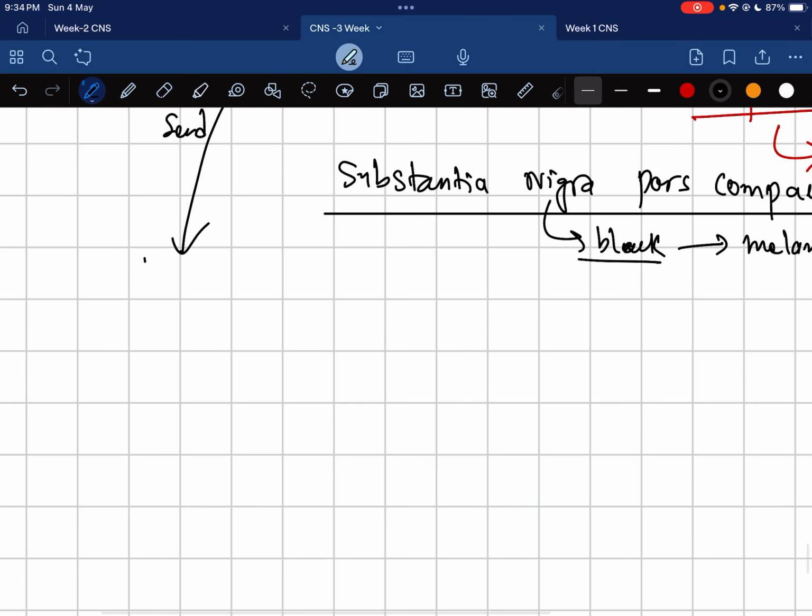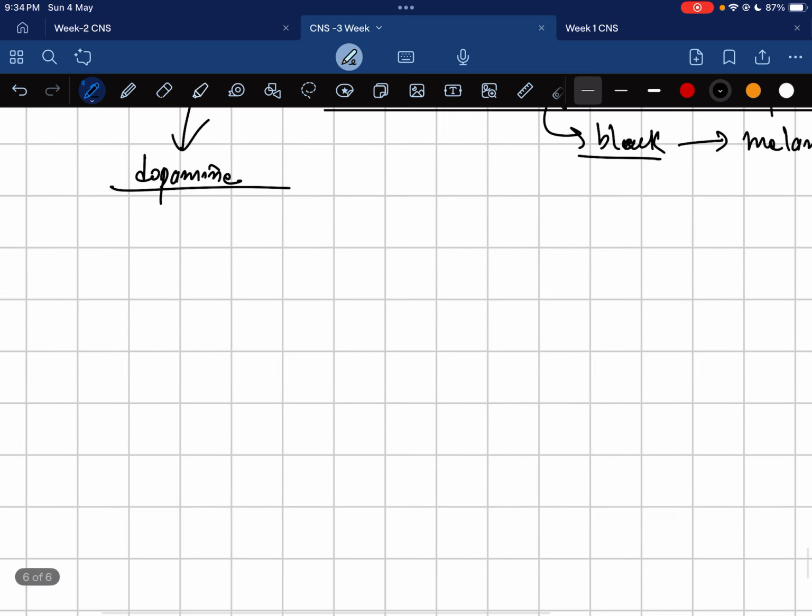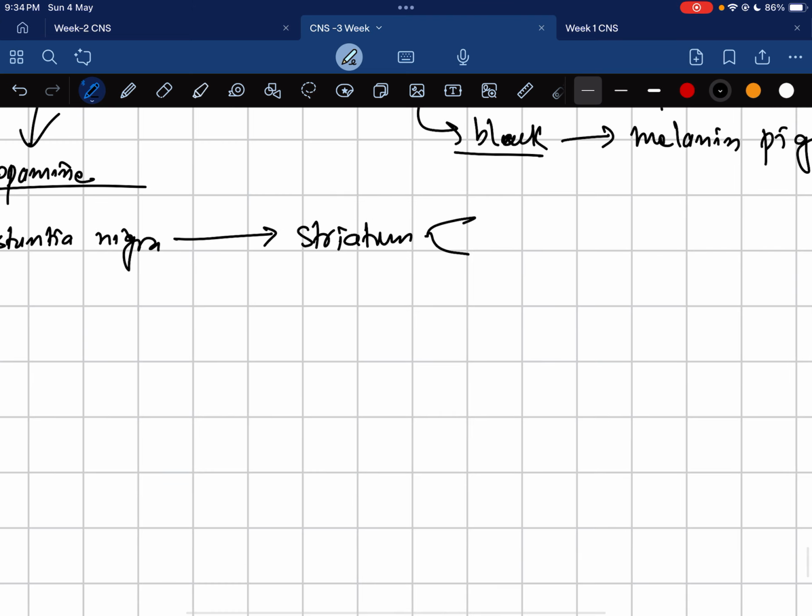from the substantia nigra to the striatum, which contains the caudate and putamen, which are part of the basal ganglia.